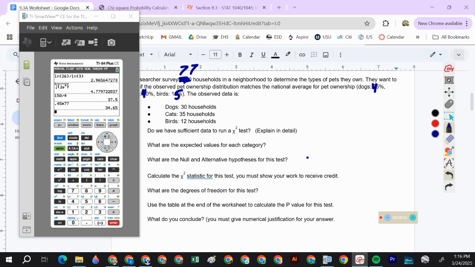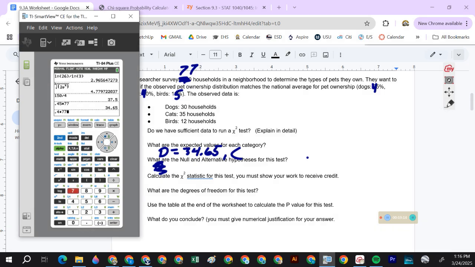So we expect for dogs, oh, wrong one. Dogs we expect 34.65. Cats, so 0.4 times 77 is 30.8.